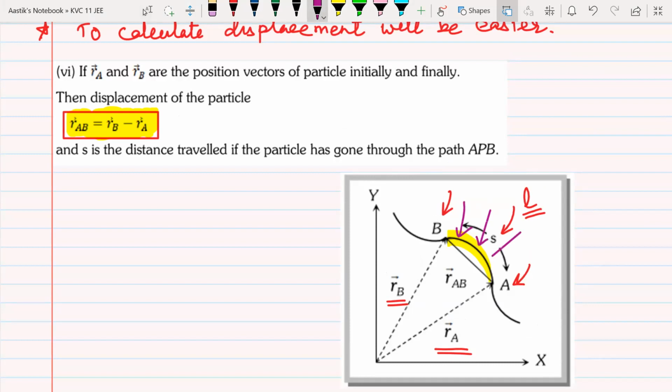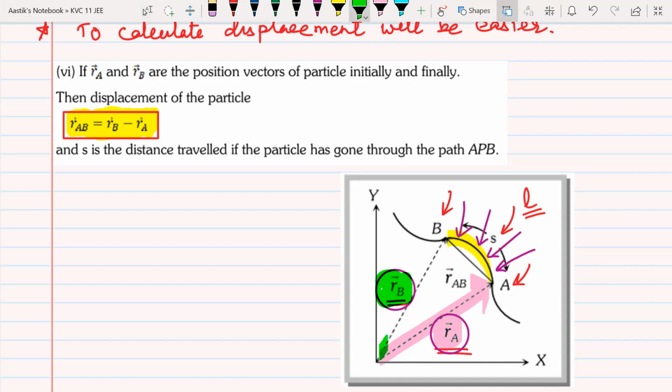To find out the distance, we have to find out the length of this path. But to find out displacement, you find out the final position vector, which is this green vector. You must know the initial position vector, which is the pink position vector. It's like this, the pink one.